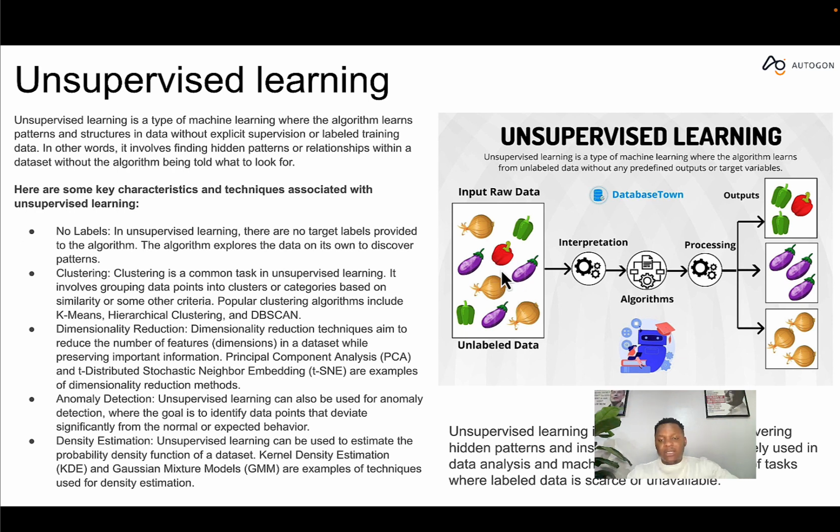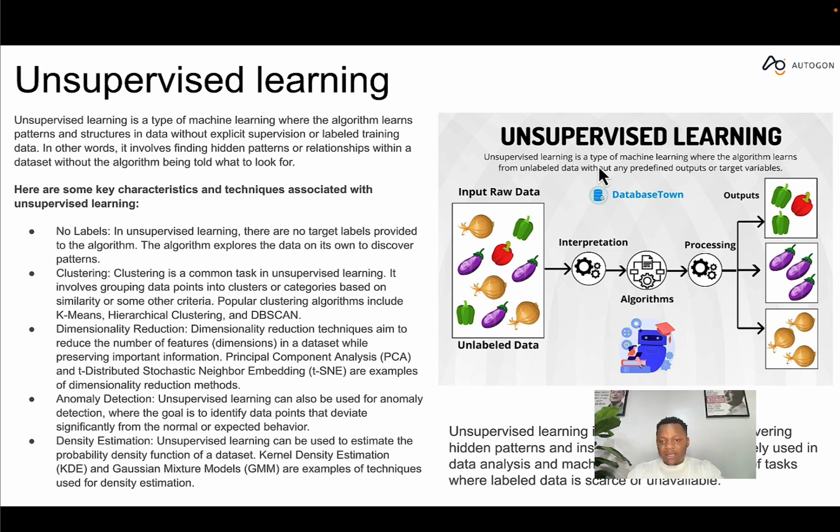And what it does, it groups those items with similar attributes and takes them in clusters. So this is where clustering comes in. It just clusters them. So you can see it brought out all of the pepper. It brought out all of this item here. I don't know if it's a pear. And it brought out all of the onion. And yes, this is a beautiful part of unsupervised learning.